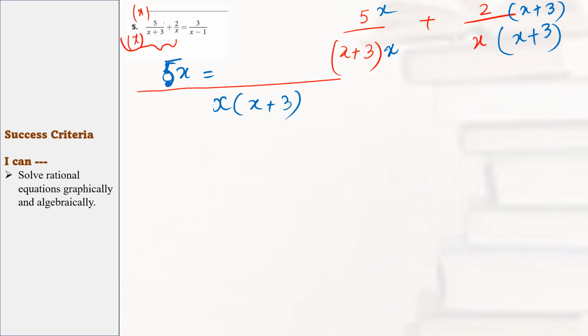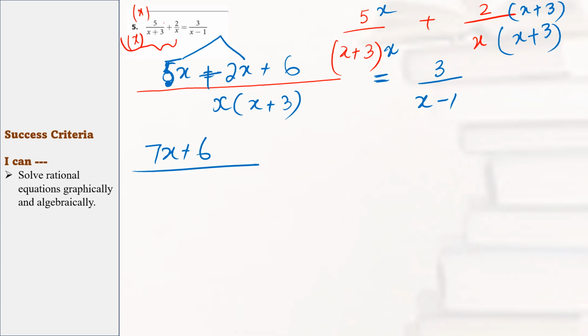So 2 times x, 2x. And 2 times 3 is 6. And this side of the equation stays the same. I cannot cancel anything. So now solve the upper part, that is 5 plus 2, 7x plus 6, divided by, I will open the bracket because I cannot solve it. x times x, x square, x times 3 is 3x.